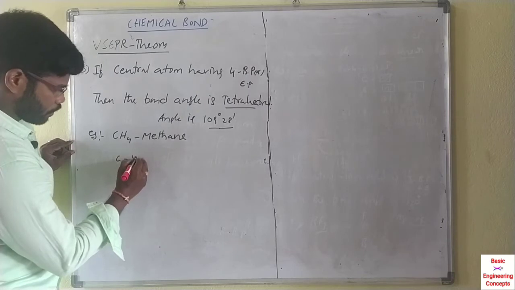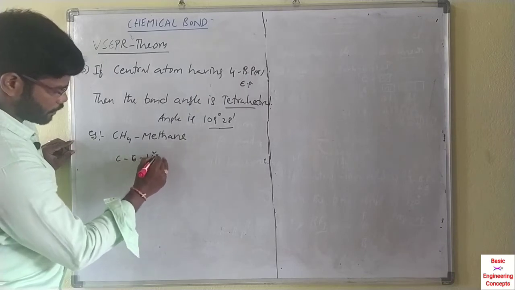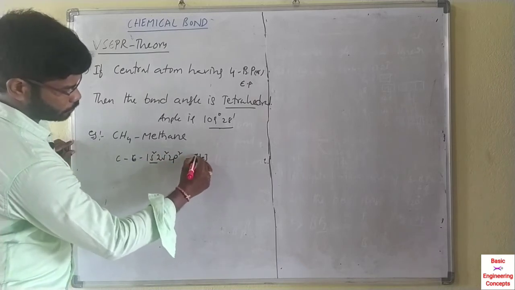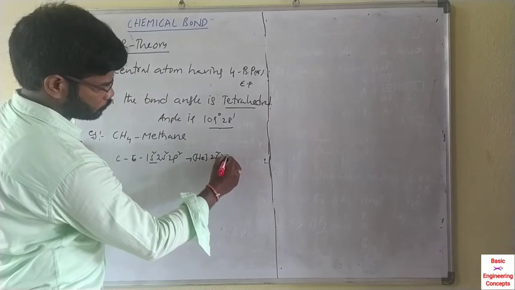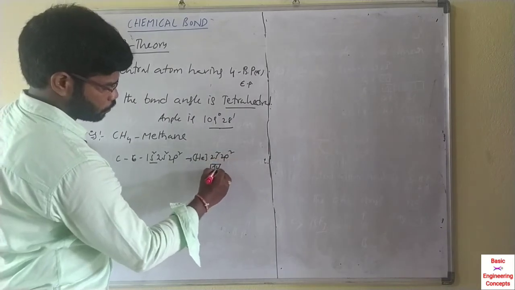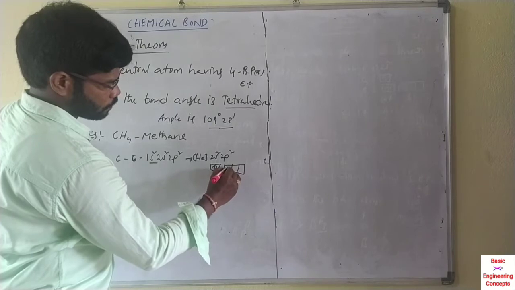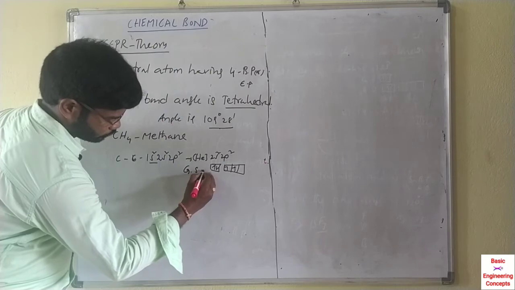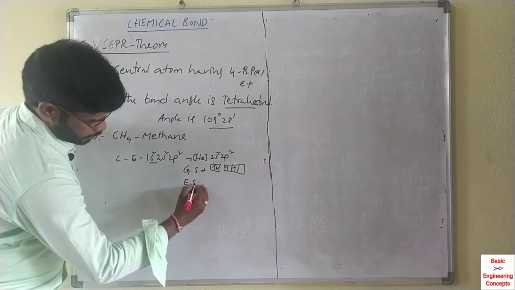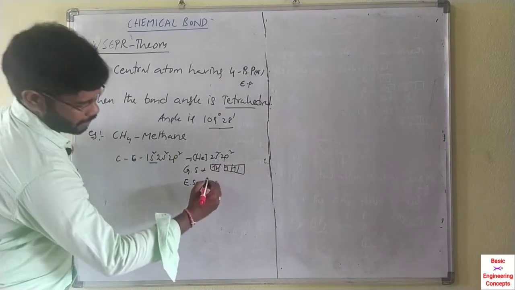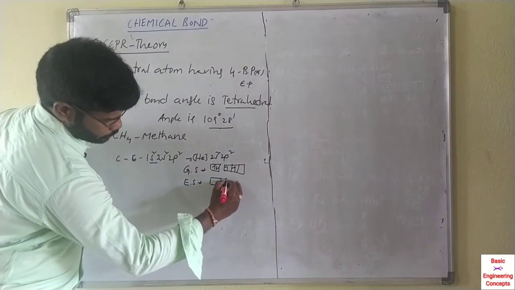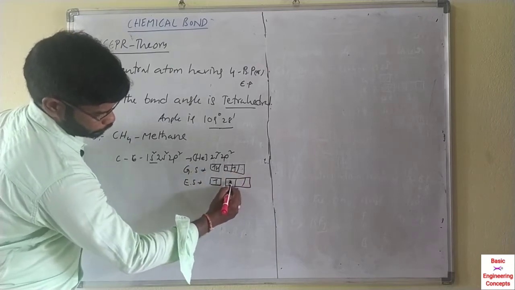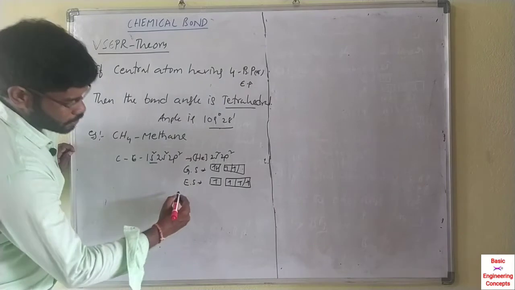Carbon, atomic number 6, 1s2 2s2 2p2. We can write helium 2s2 2p2, with 2 electrons in 2p. But this is the ground state. We can take the excited state. Excited state means we apply some energy, and then an electron moves to a p orbital. So carbon's valency is 4.